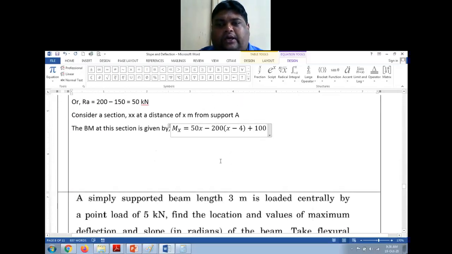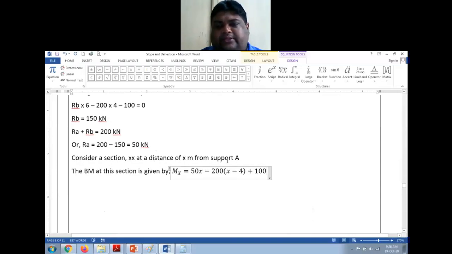So another rule in Macaulay's method is, whenever you have a couple like this, you multiply here with the distance, that is x minus 4. Now if I just leave it like this, the bending moment definition will be wrong, right? This is already kilonewton meter into meter, so it will become kilonewton meter square. So it is something different, which is not equal to mx.